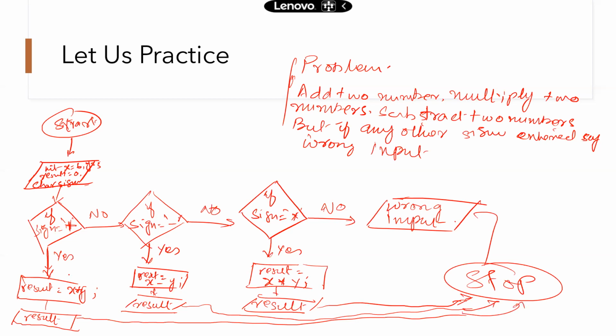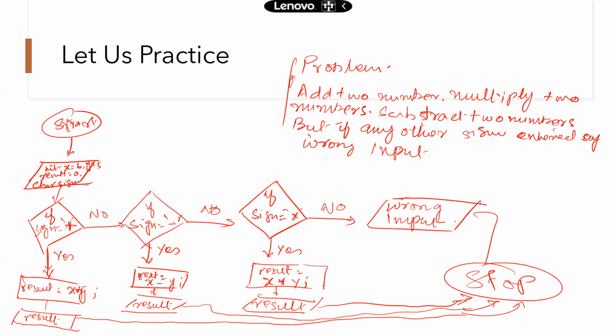Sorry for this messed up diagram or flowchart, but let's revise it once. Having a problem that we had to add, multiply or subtract two numbers, we added a sign, saw the sign, and added it. If it is not the plus sign, check for the minus sign and subtract it.